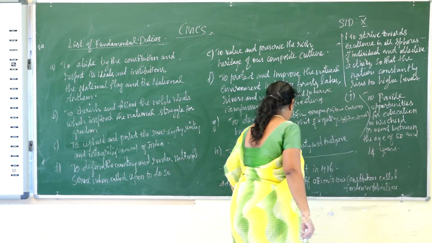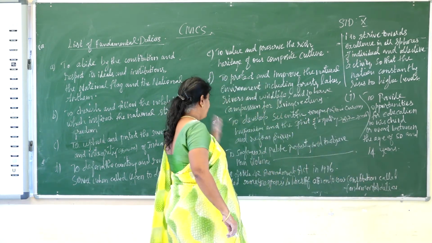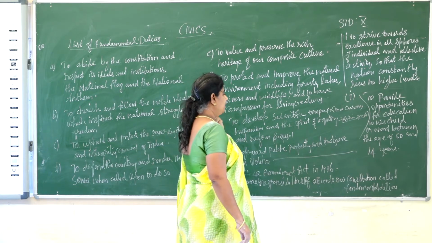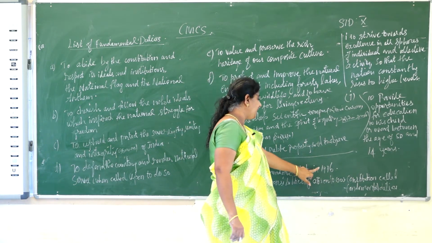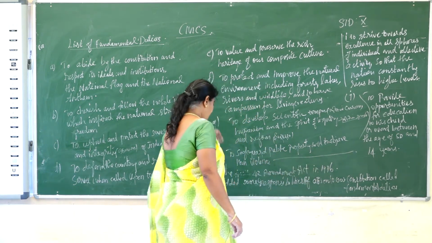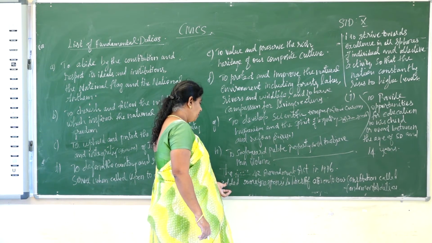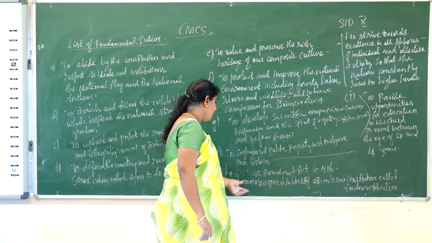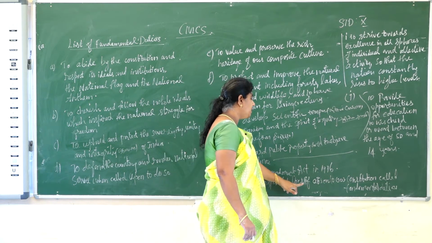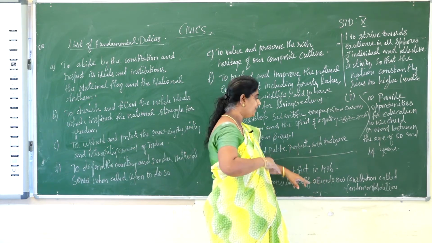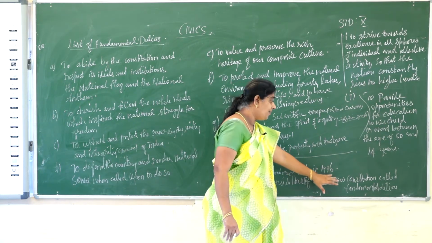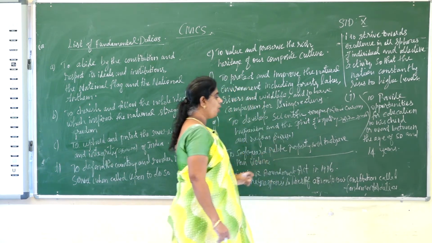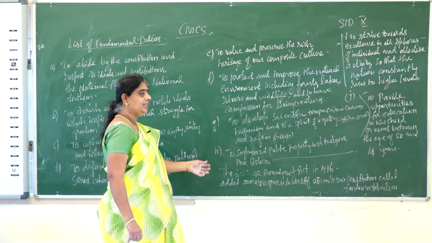What are these fundamental duties, children? The 42nd Amendment Act, established in 1976, added some duties and responsibilities for citizens. Our citizens have been given some responsibilities in our constitution, which are called the fundamental duties.